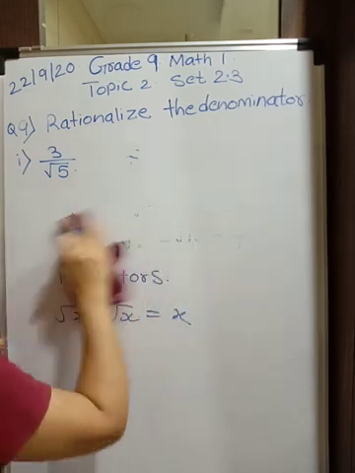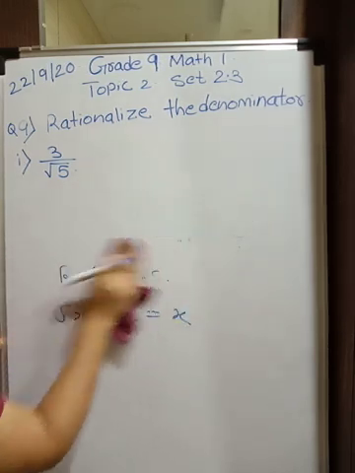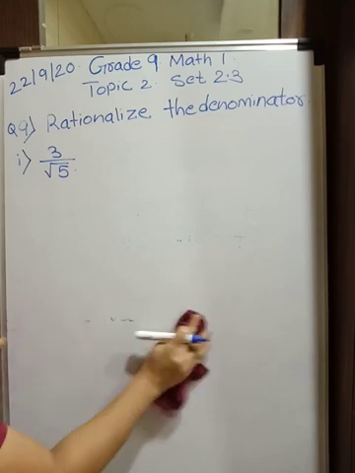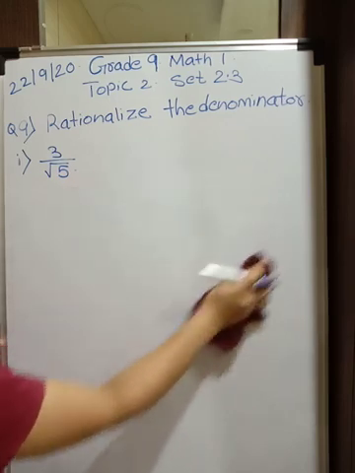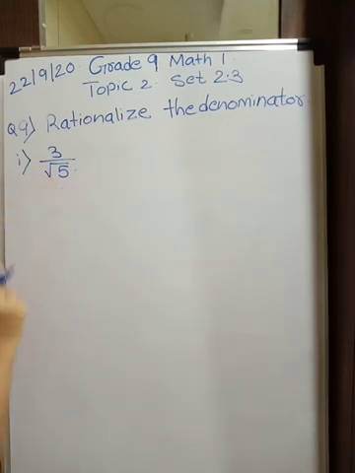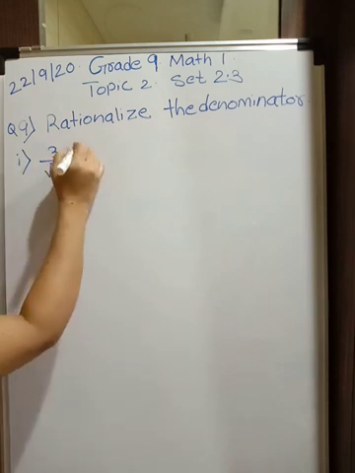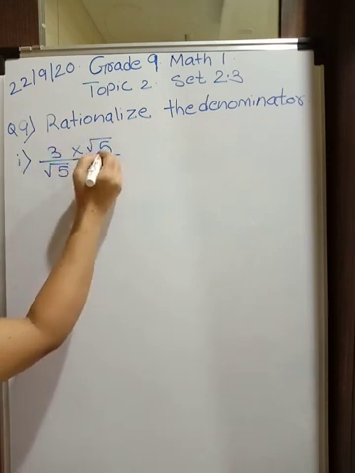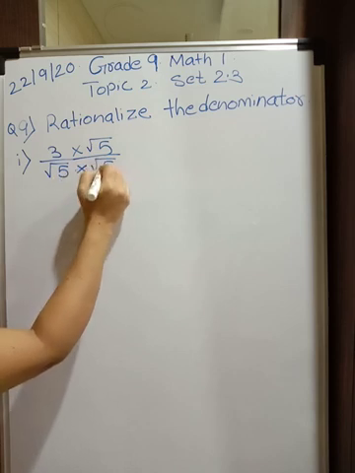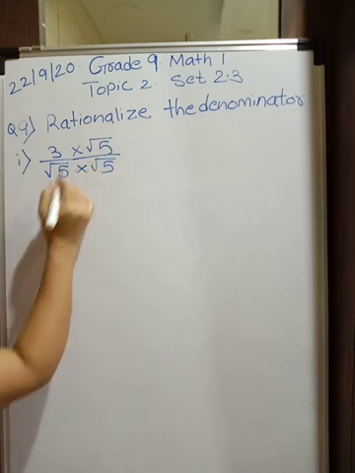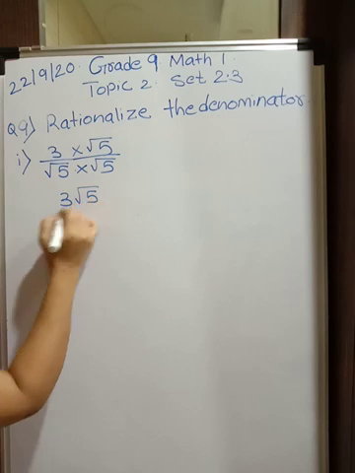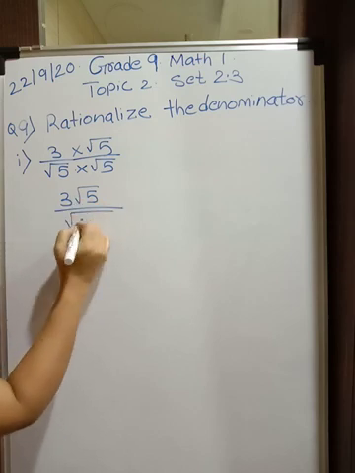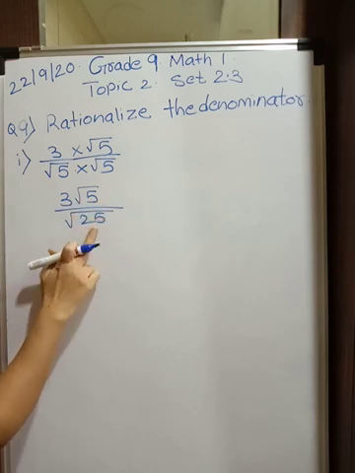Now see over here, let us rationalize the denominator. See, 3 upon root 5. So I am going to multiply this number by root 5. Below also, if I am multiplying the numerator, I need to multiply the denominator. So the numerator becomes 3 root 5. The denominator becomes 5 into 5, which is 25. Now this is a complete square.